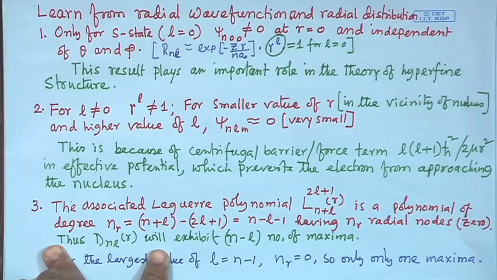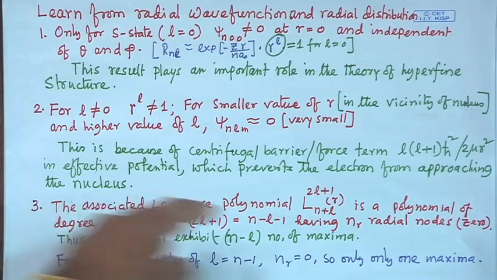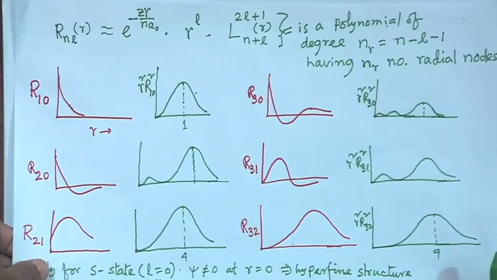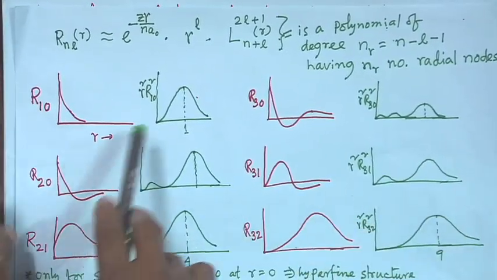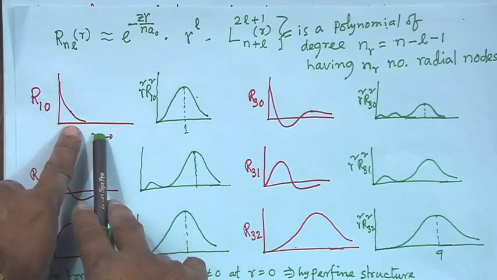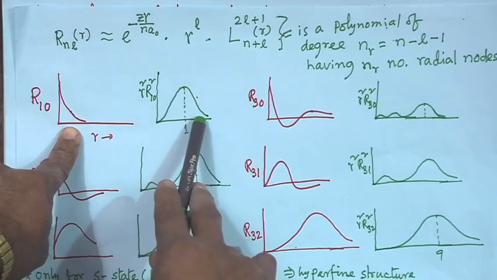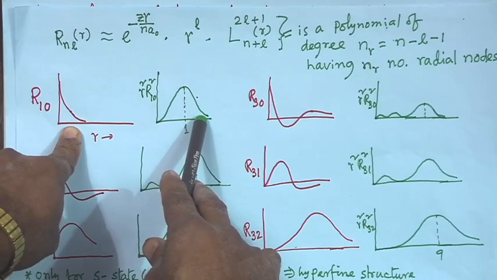In this case n r is 0, so the maximum is 1, n r plus 1.